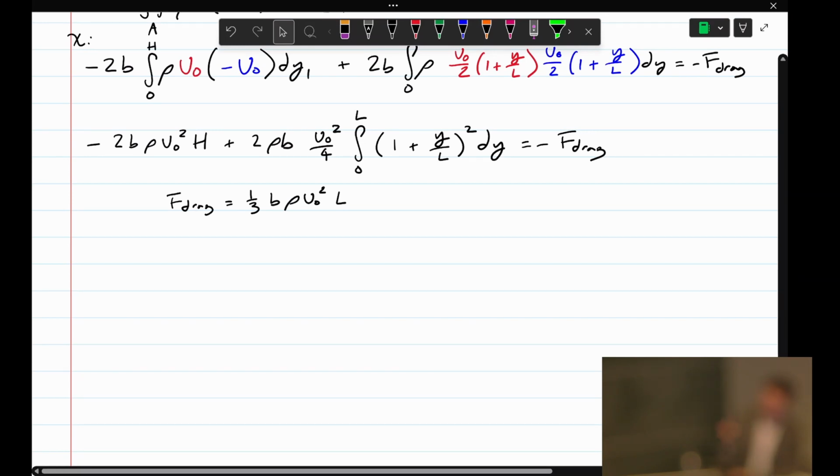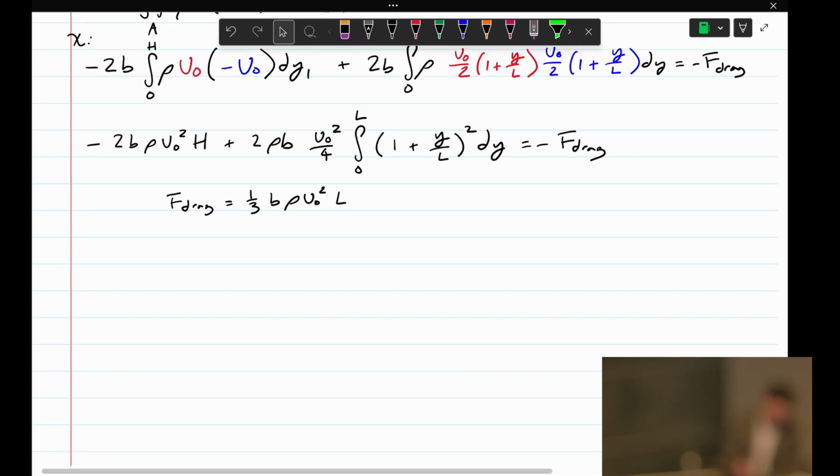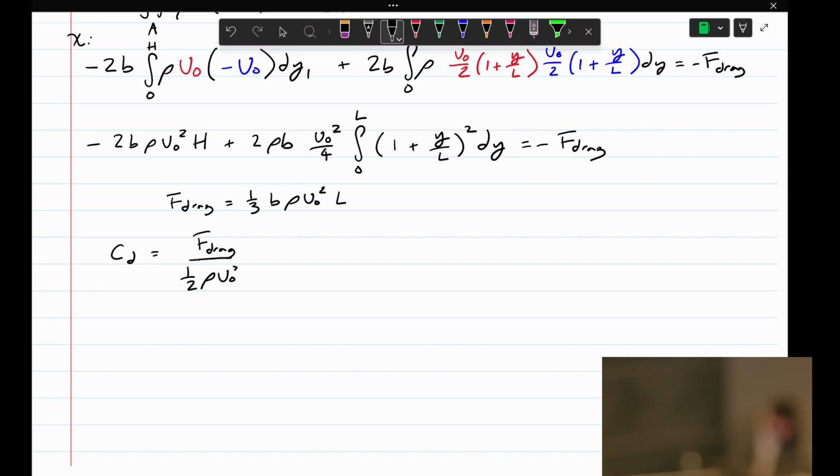Just all these terms have b rho u0 squared in them, so this will all combine into this nice form. And our drag coefficient is F drag over 1/2 rho U0 squared A, where A is LB, so that's the plan form area.